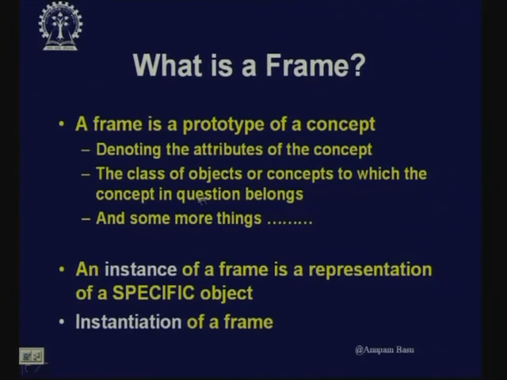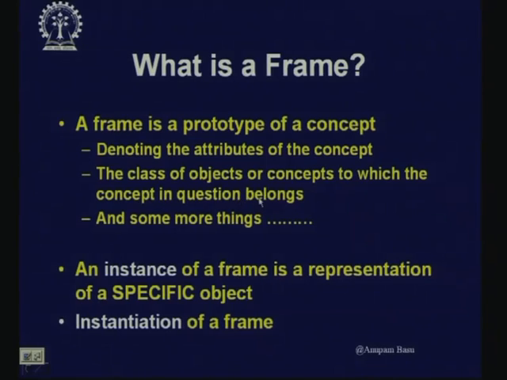The next important thing that we would like to define is an instance. Now, it is very important that we must be able to differentiate between an instance and a frame, instance of a frame and a frame, or instance of a class or the class.